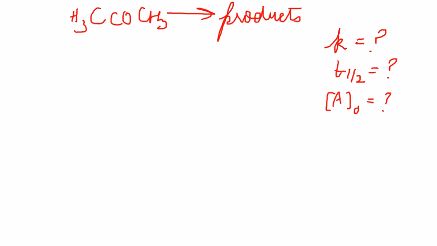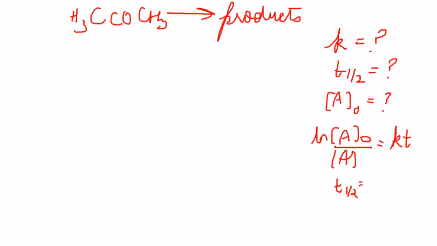We are told that this is going to follow first order decomposition. That means I have a generic formula that natural log of A naught over A is going to be equal to KT. I know that general formula. I also know that T half is the half-life when the concentration is going to be half the initial concentration.